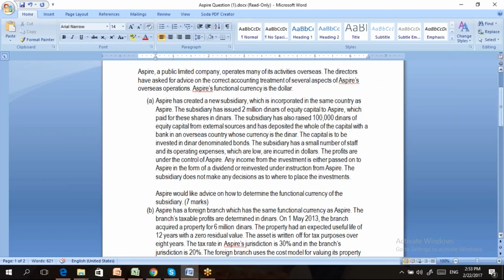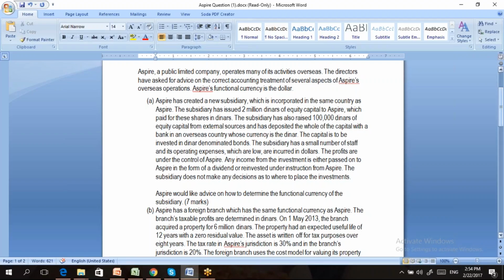Basically the subsidiary issued 2 million dinars of equity to the parent company, whose currency is dollars, and the proceeds have been invested in dinar denominated bonds at the request of the parent company. The subsidiary has also raised 100,000 dinars from an external source, but this is very small compared to the equity issued to the parent.